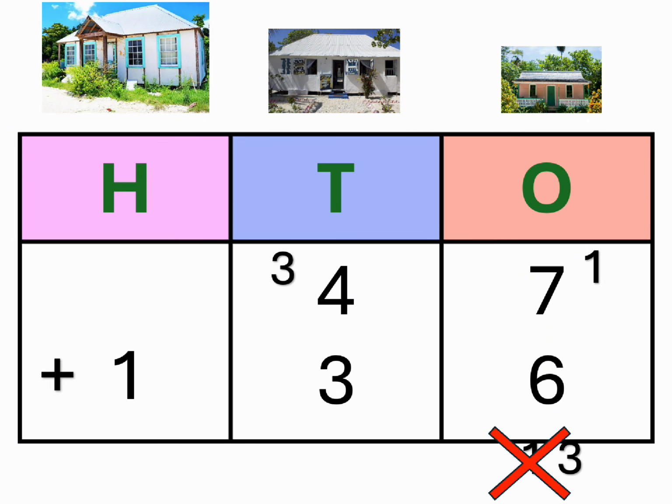Never write the number that is in the ones place in the tens house. Never write the number that is in the tens place in the ones house. That is a big no, no, no.